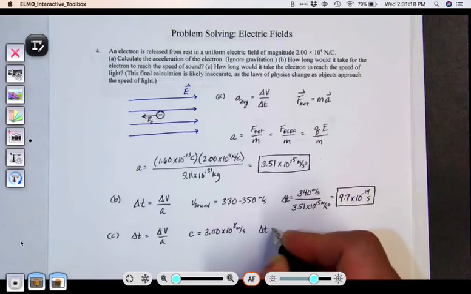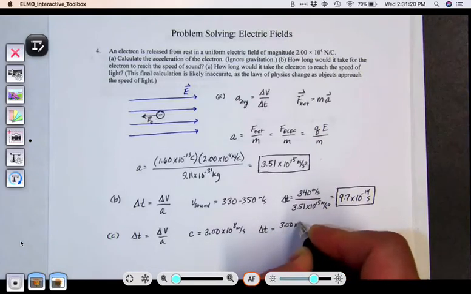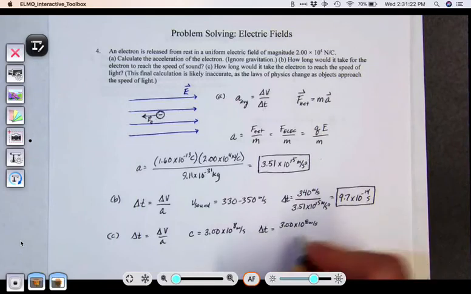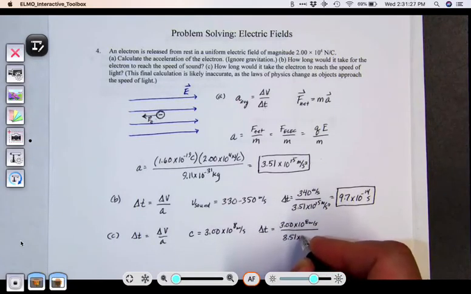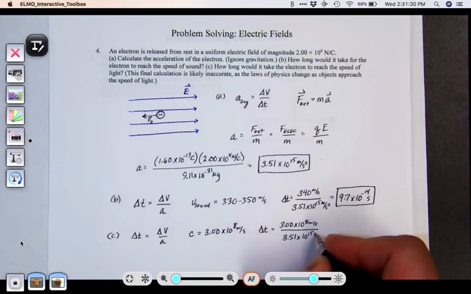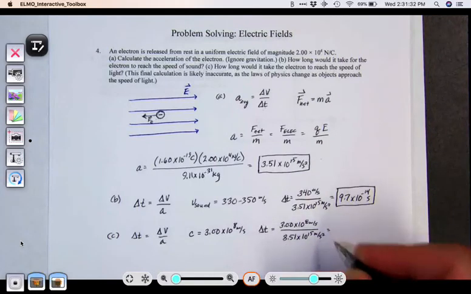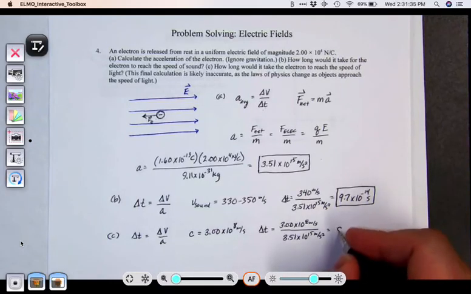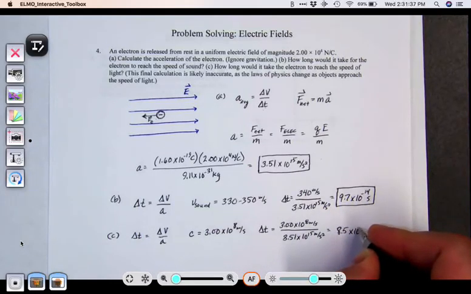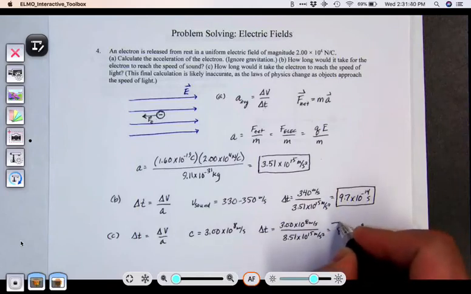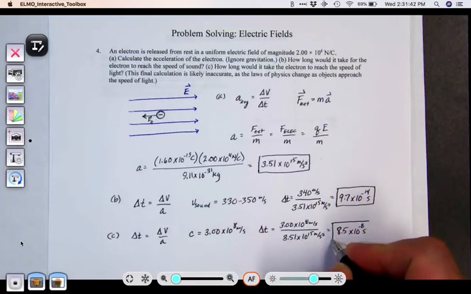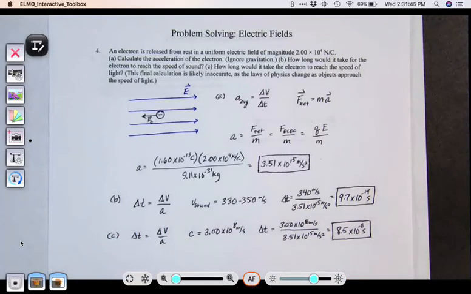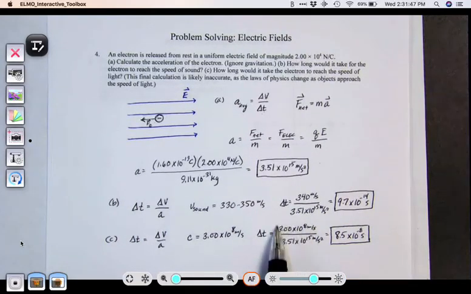So the new time window would be 3 times 10 to the 8th meters per second divided by the same acceleration, 3.51 times 10 to the 15th meters per second squared, and that works out to be 8.5 times 10 to the minus 8 seconds. Still a really short window of time, but one that might have a chance of being experimentally measured. Again, the problem with this one is getting up to this speed. Once you get up close to this speed, the rules of physics change on you, and Newtonian mechanics no longer apply.